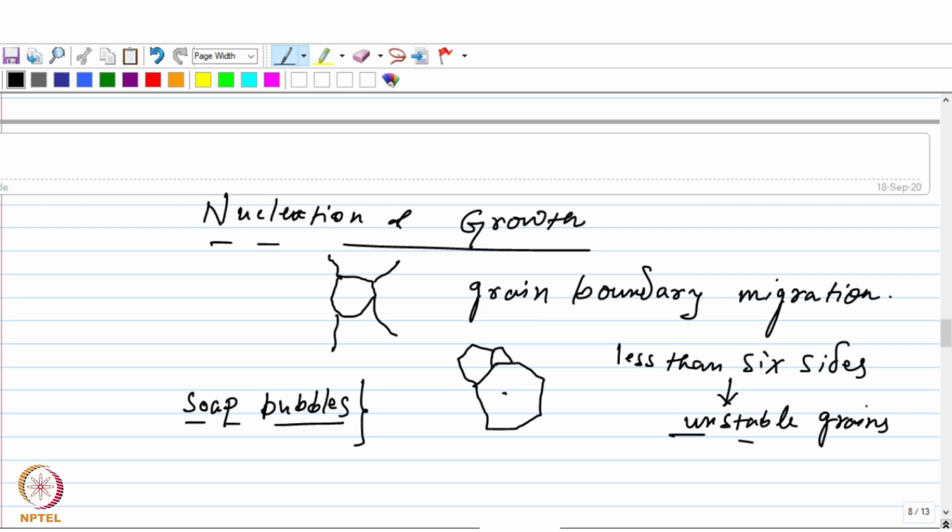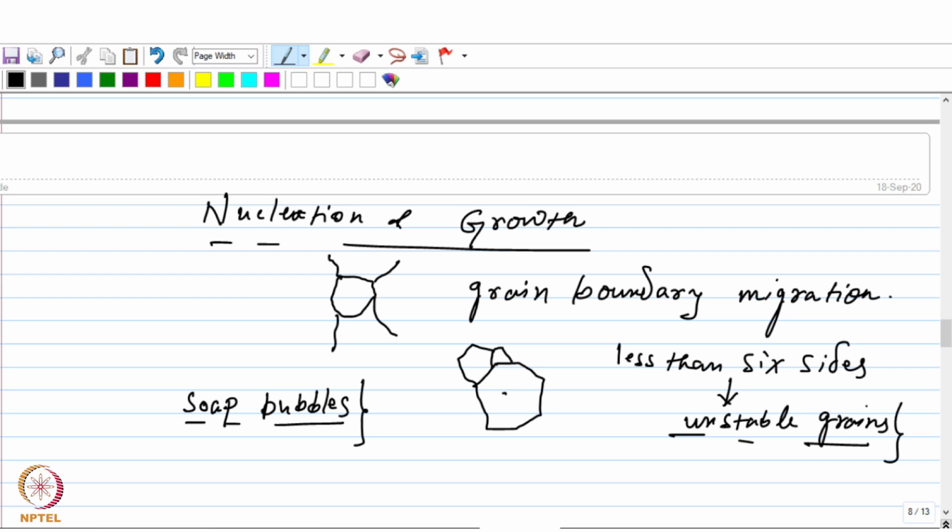So these are the grains which will tend to dissolve. So these will be the bubbles which disappear, and the ones having 6 or more sides will grow at the expense of these unstable grains, right?